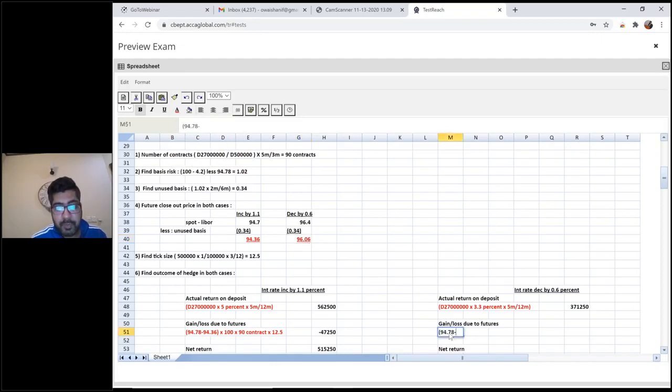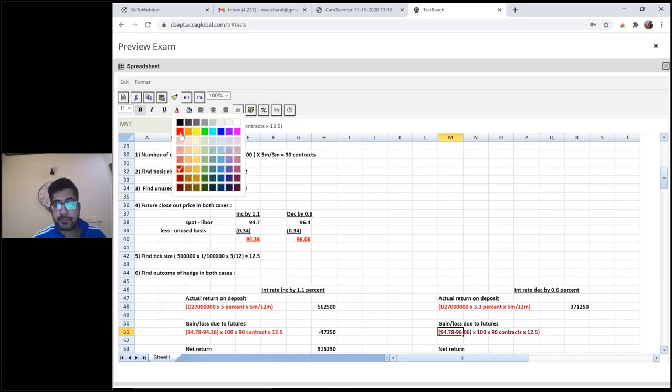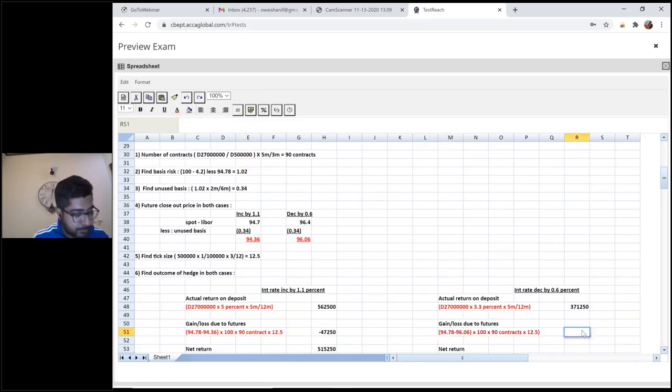That's the formula: difference between futures price and futures close price into spot 100 into contracts 90 into tick 12.5. This makes it 144,000.